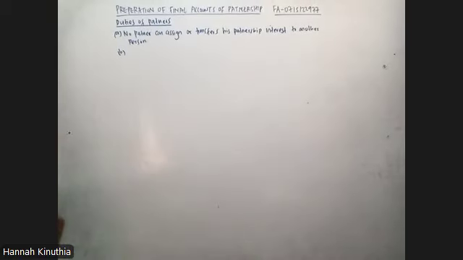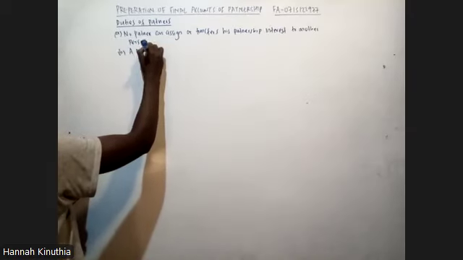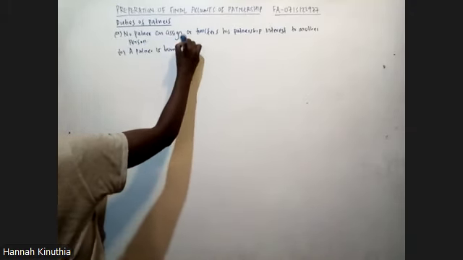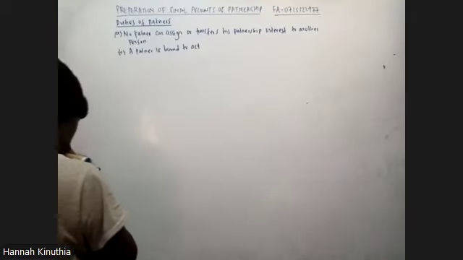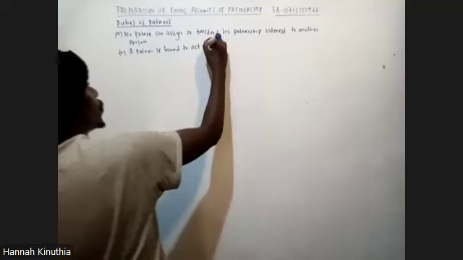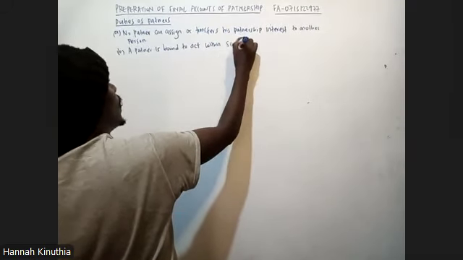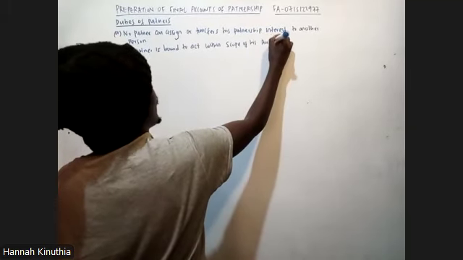Number B, we're talking about the duties: a partner is bound to act within the scope of his authority.